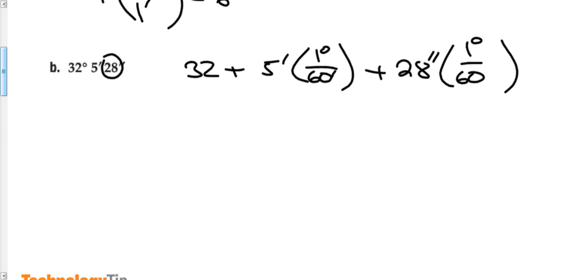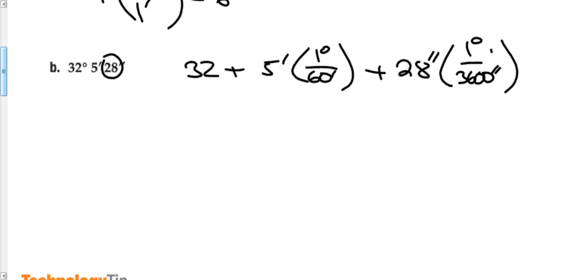If I did this calculation right here, 1 over 60, I would be changing it into minutes. I don't want to change it into minutes. I want to change it into degrees. So therefore, I need to write how many seconds are in 1 degree. Well, 60 seconds in a minute, 60 minutes in a degree. That gives me 3,600 seconds in 1 degree.